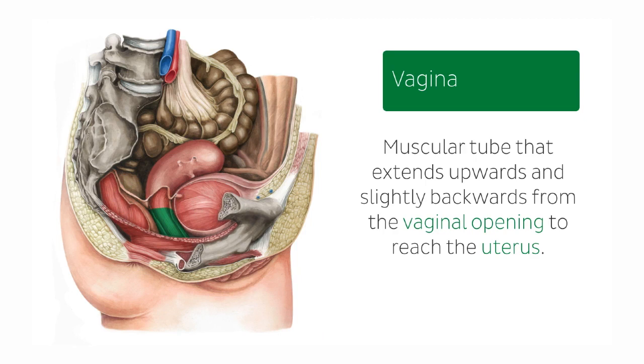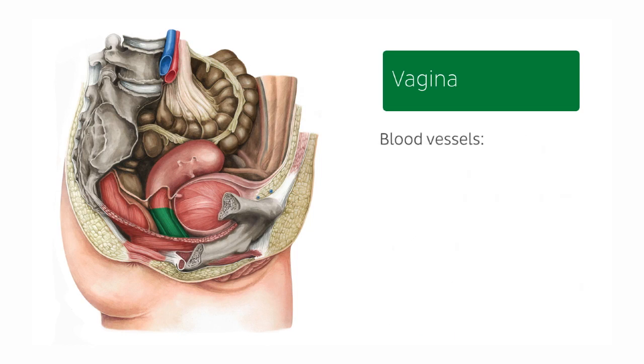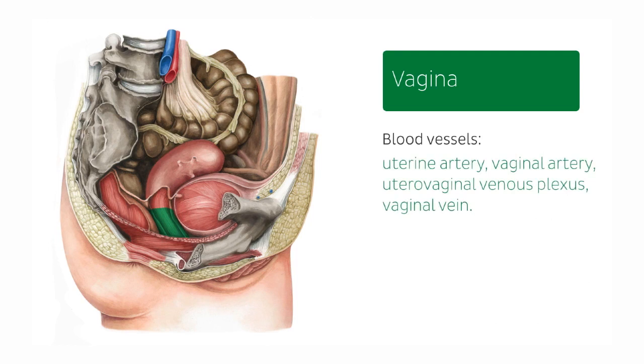The mucous lining of the vagina constantly sheds its top layer of skin cells. This is a natural self-cleansing mechanism. The vagina is surrounded and supported by pelvic muscles. There is also a group of blood vessels that are associated to this structure, and they include the uterine artery, the vaginal artery, the uterovaginal venous plexus, the vaginal vein.